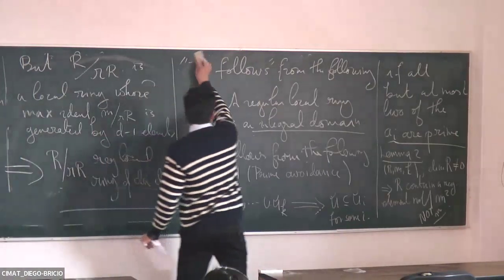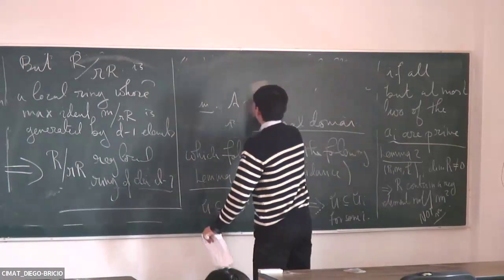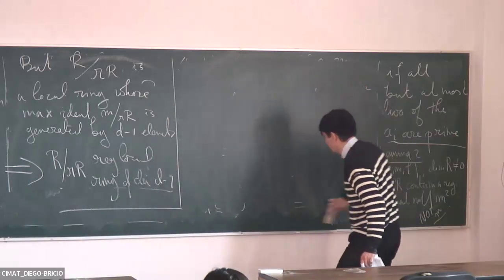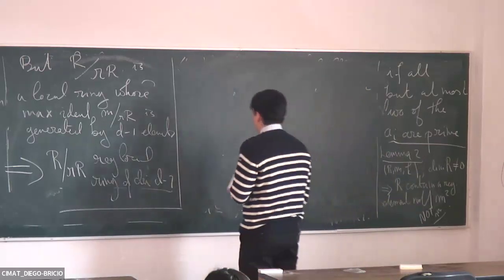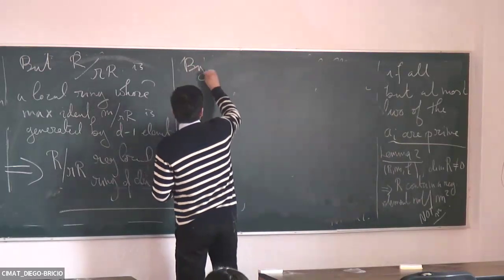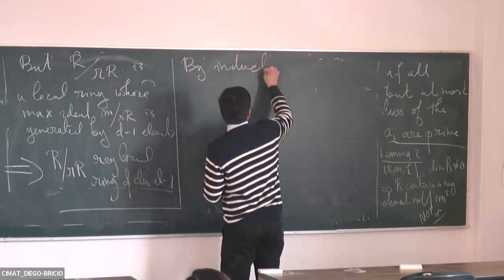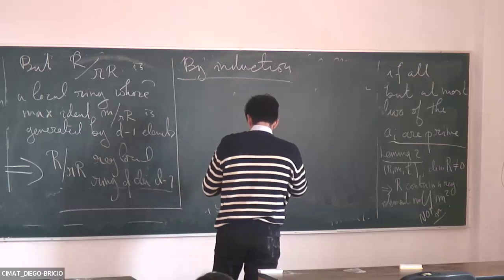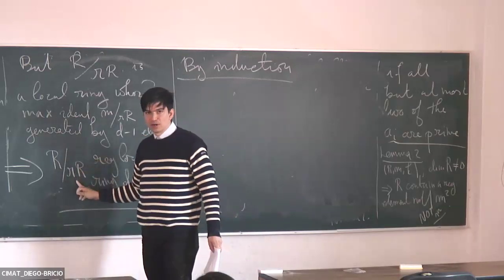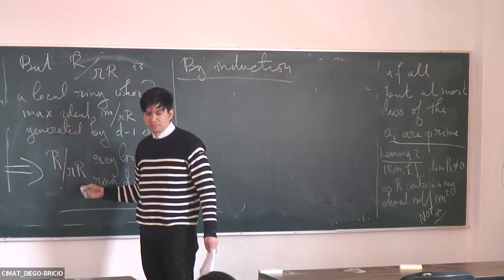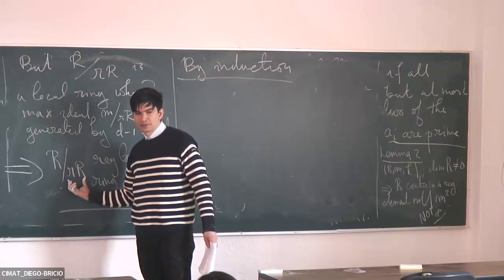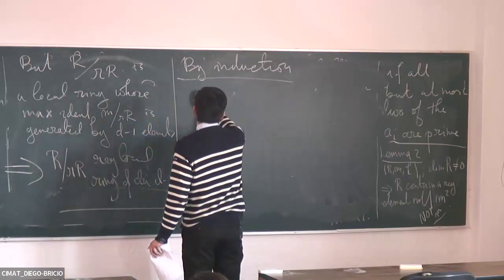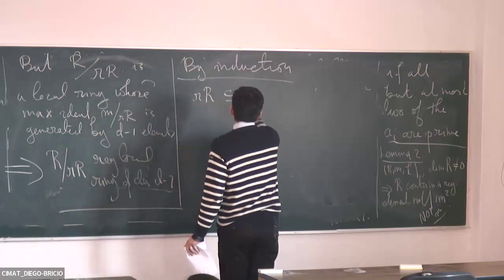So by induction, well, R modulo R times R is an integral domain, but what does that say about R times R? It's a prime ideal. By induction, R times R is a prime ideal.